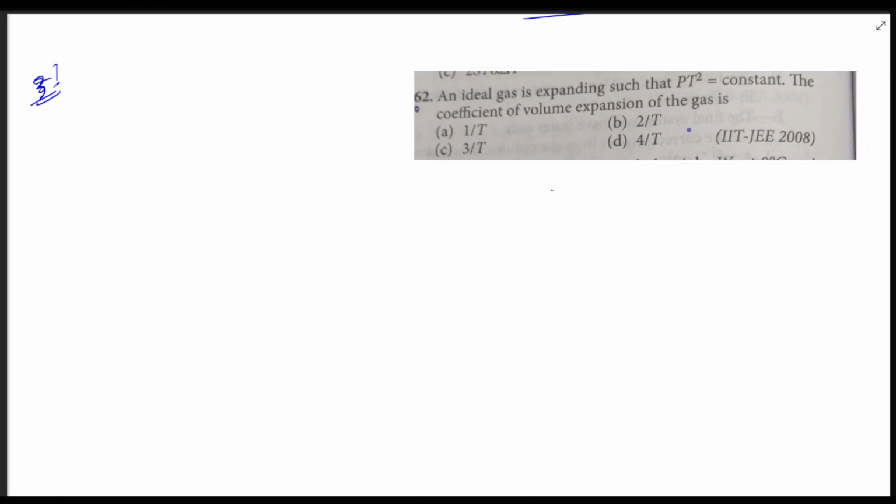Now here we'll be using thermal expansion and the ideal gas.